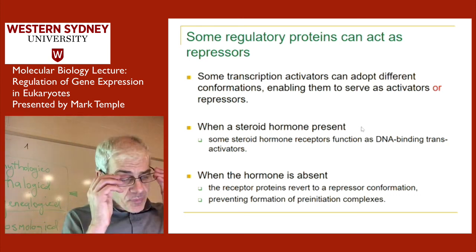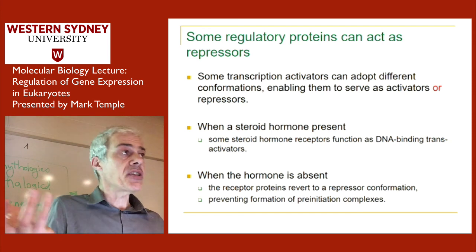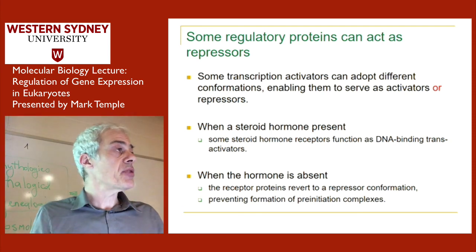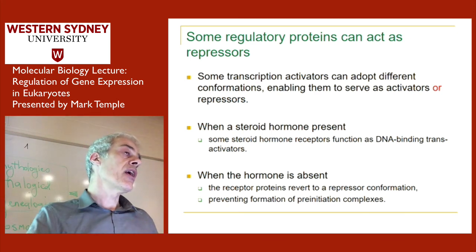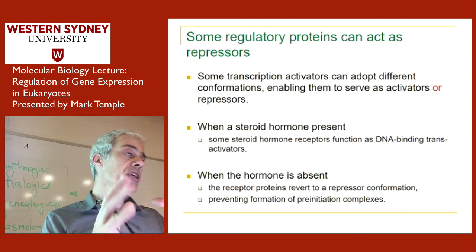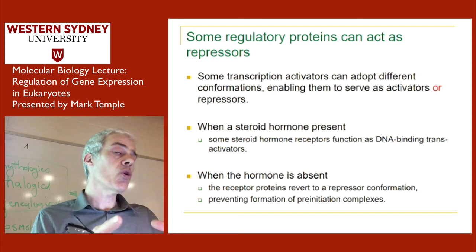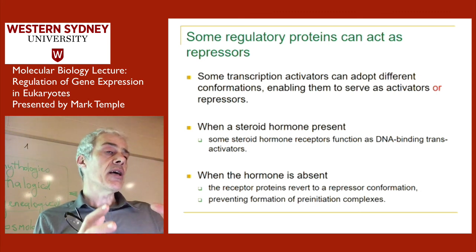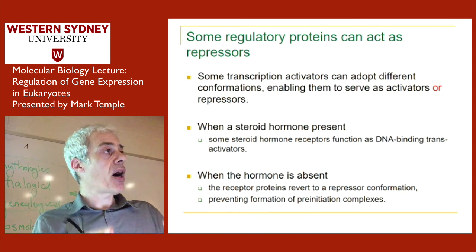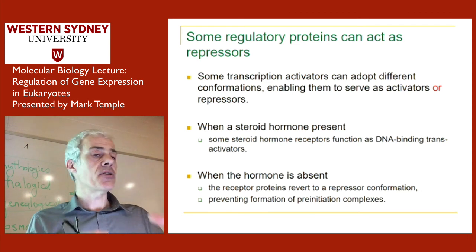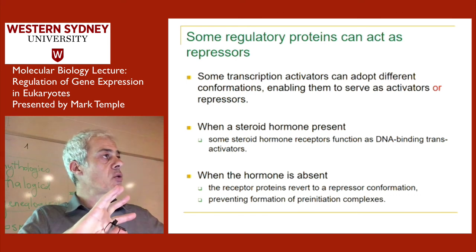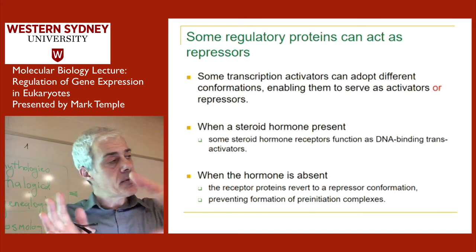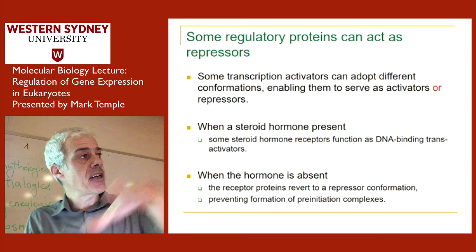Steroid hormones are cell signaling molecules that trigger transcription in cells. The steroid hormone can get directly into the cell, and the protein that is bound by these steroid hormones is a receptor, but it's also got a DNA binding domain. It's a transcription factor. This thing that can bind to the hormone can be changed. It then causes a change in its structure, and then it becomes active as a DNA binding protein.